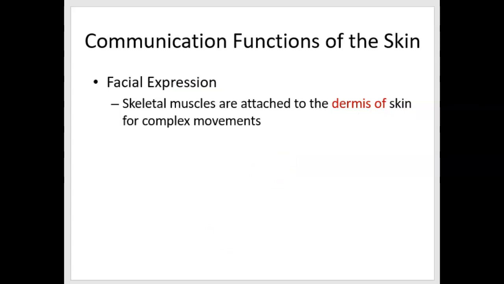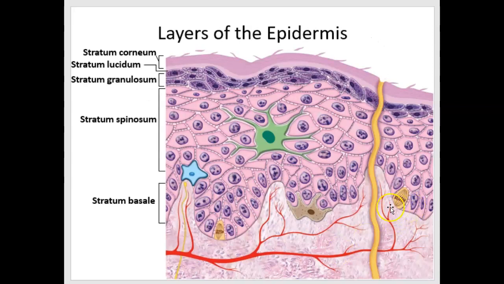Okay, so now with a basic understanding of the structure of the skin, as well as functions of the integumentary system, we're going to look more closely at the epidermis. So the epidermis is composed of several layers. And what differs in these layers are what cell types are present and the maturation of the cells.